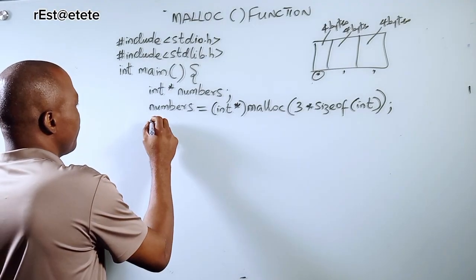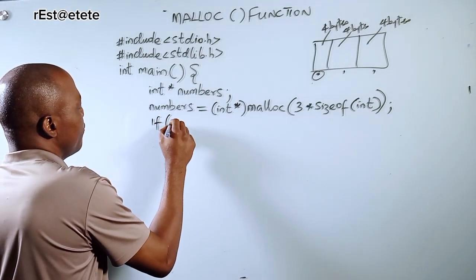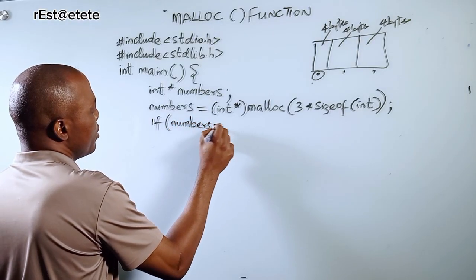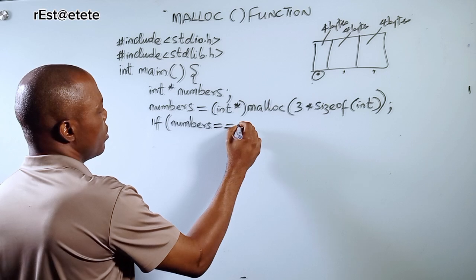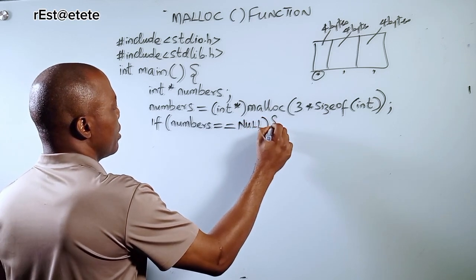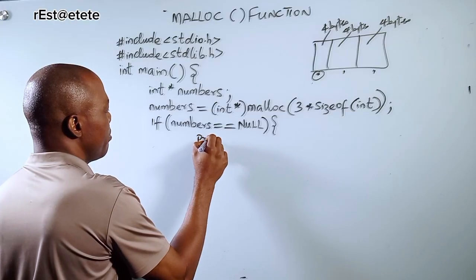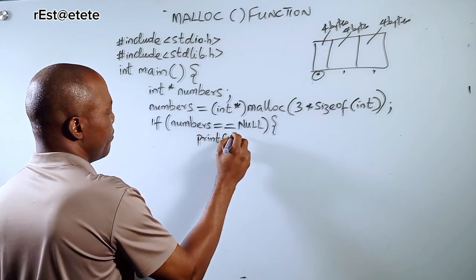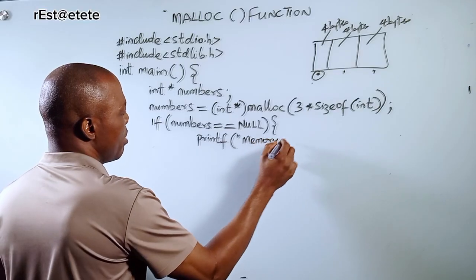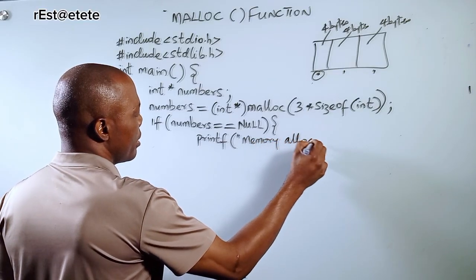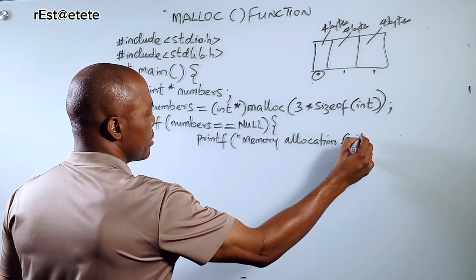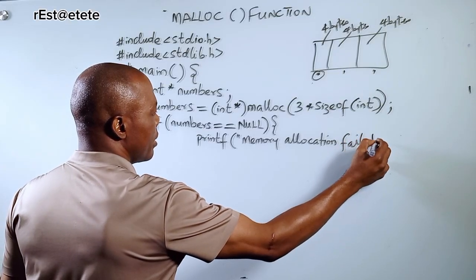So I will say if numbers equals equals, this is the equals to operator, null, then come back and printf "memory allocation failed," right?